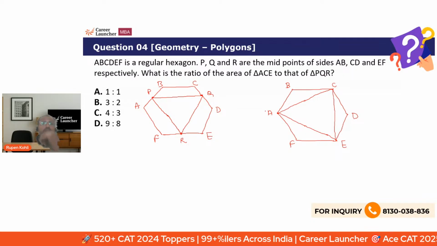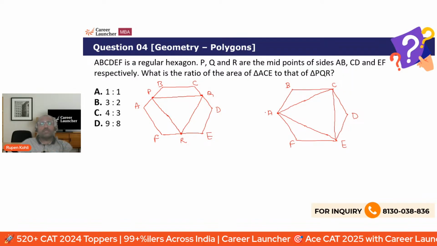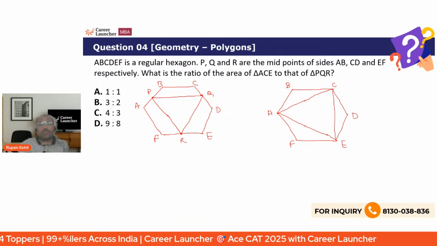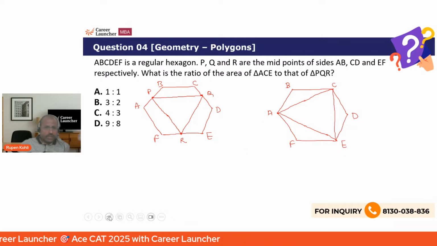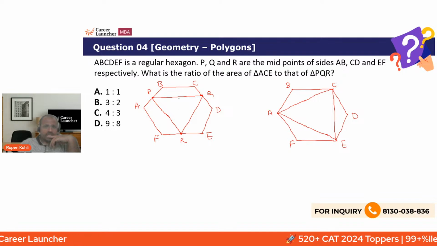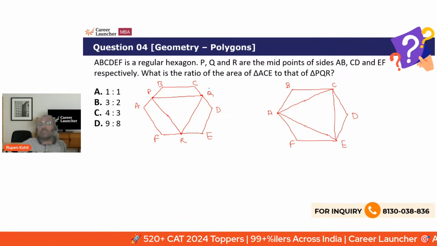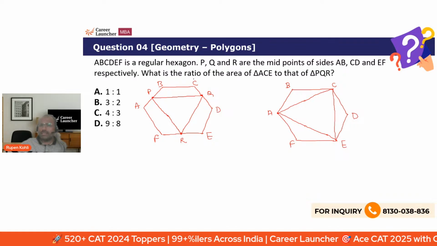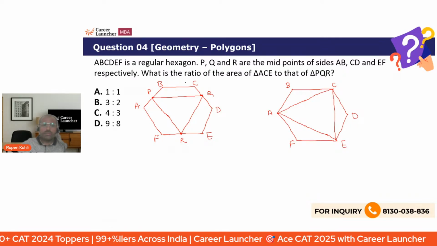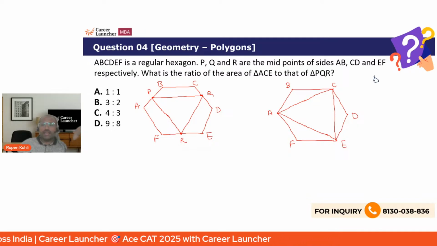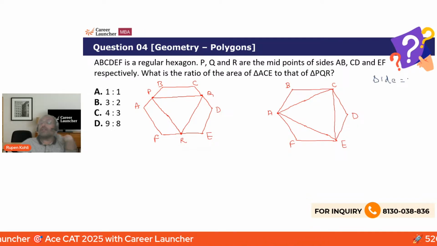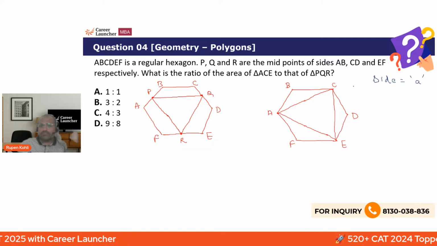So we have to establish essentially the ratio of the sides of these two triangles. Clearly, both of them are equilateral, right? In order to establish the required ratio, we should start by assuming the side length of the original hexagon. Let's say that the side length of the regular polygon is A, right?